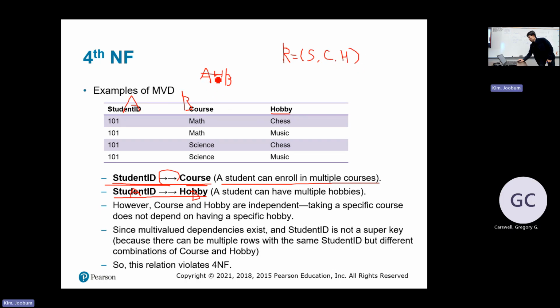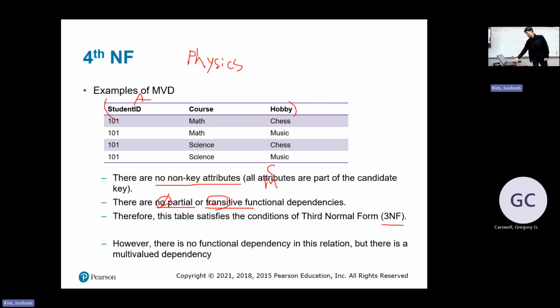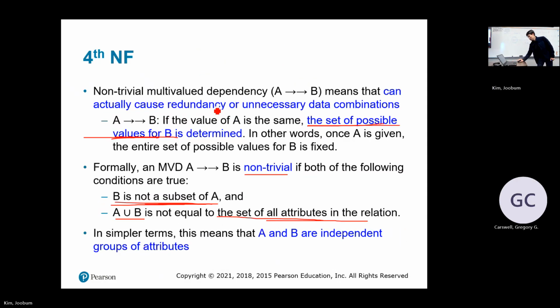So is student ID union course equal to the whole set? No. Or student ID union hobby equal to the total set? No. So it satisfies this condition.